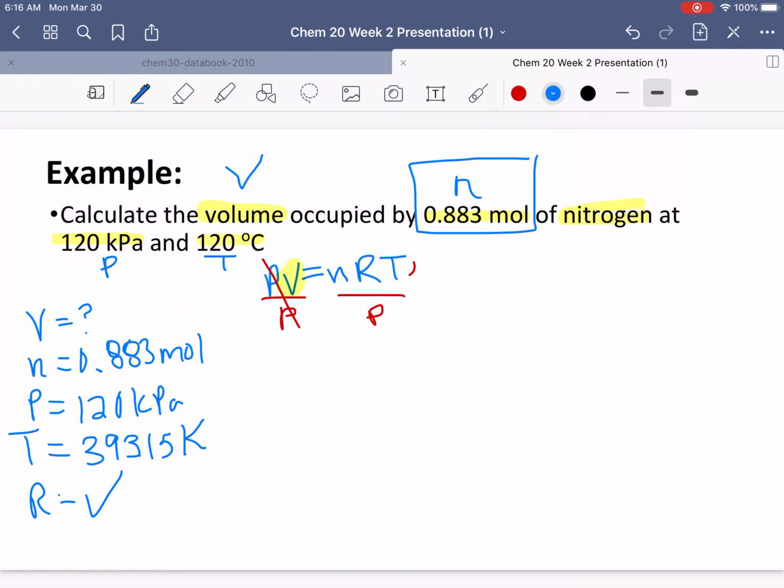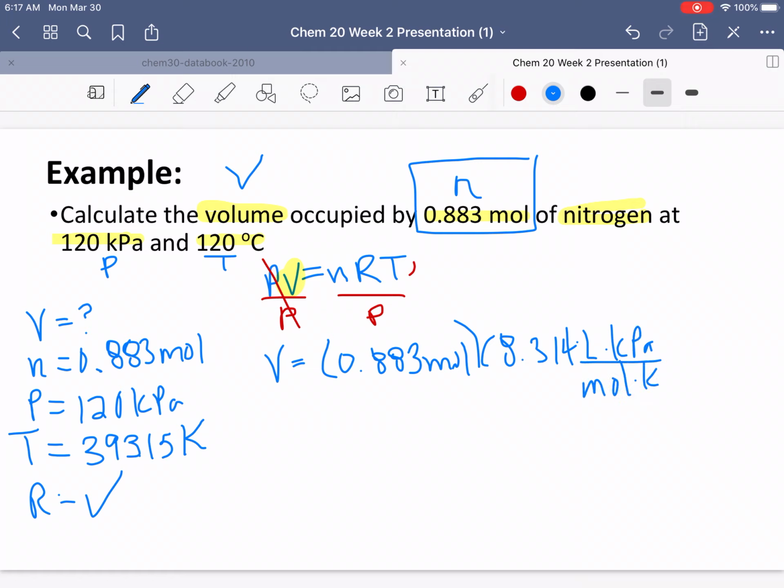As we keep going then, V is going to be equal to n, which is 0.883 moles, times R. Write out the whole thing: 8.314 liters kilopascals over mole Kelvin, times our T, 393.15 Kelvin.